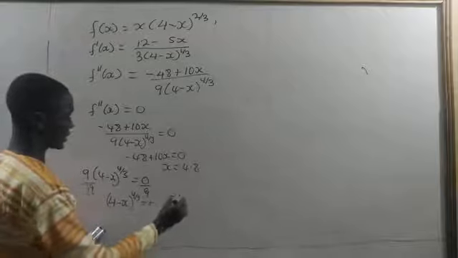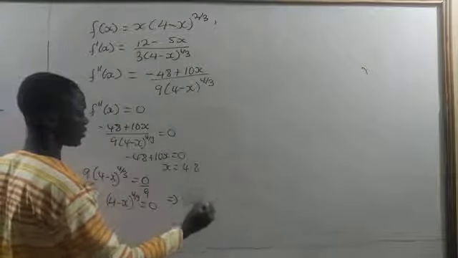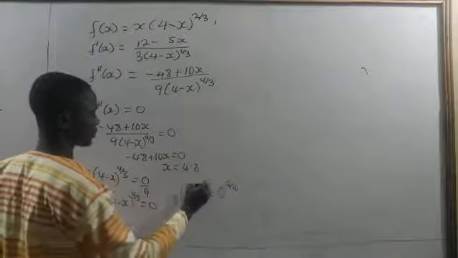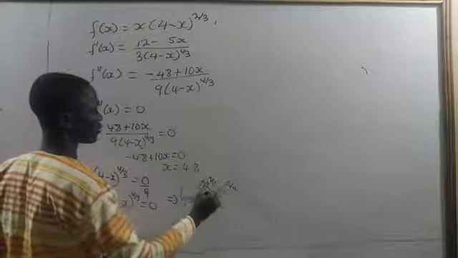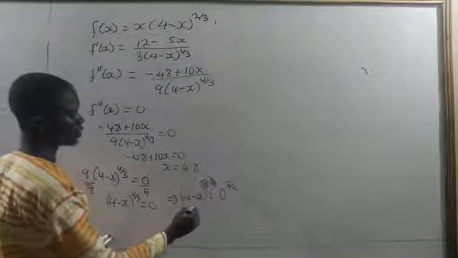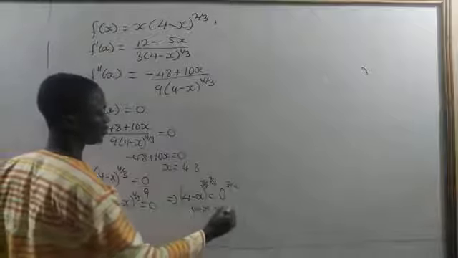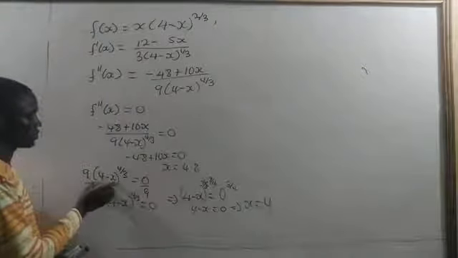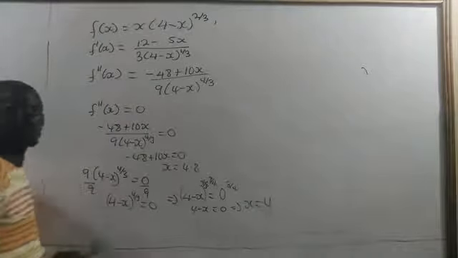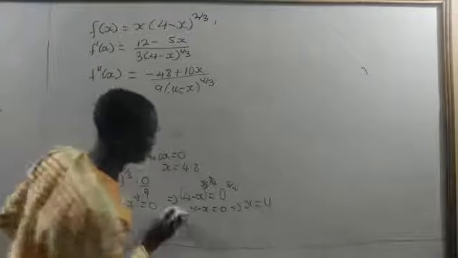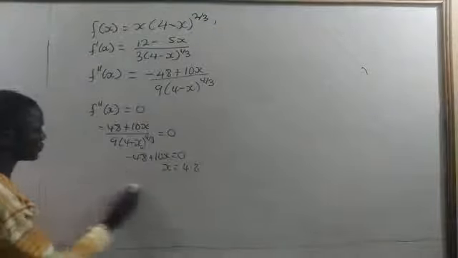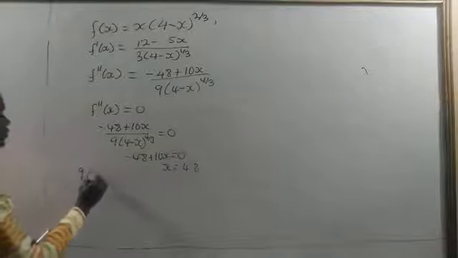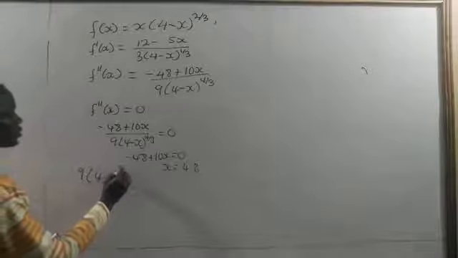Now, this implies that 4 minus x is equal to 0 to the power 3 out of 4. This is 4 on 3 times 3 out of 4. 4 cancel 4, 3 cancel 3. So you still have 4 minus x equal to 0, which implies x equal to 4. So once you have this being equal to 0, it will only remain with this one that we can equate to 0. Very, very simple as that. So we have 9 times 4 minus x, 4 on 3 equal to 0.